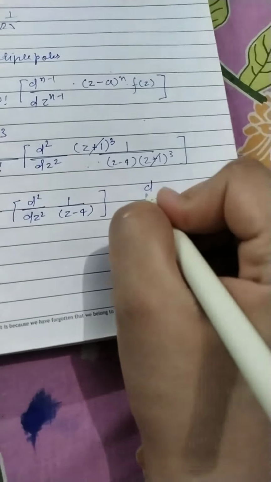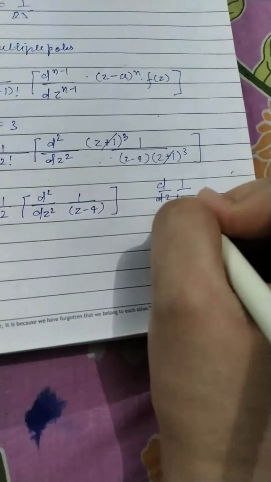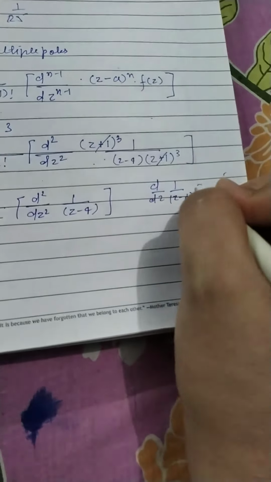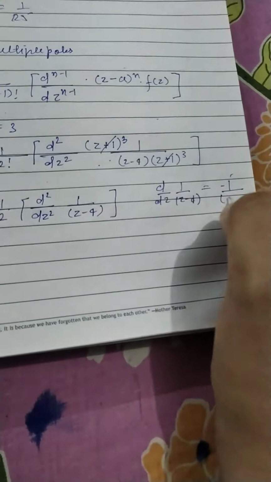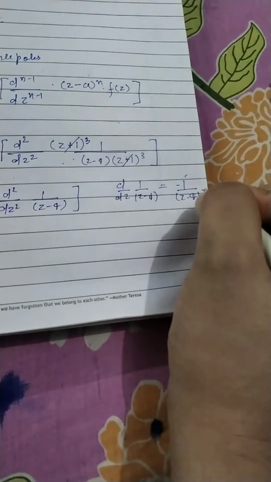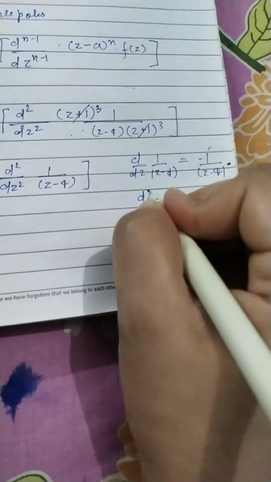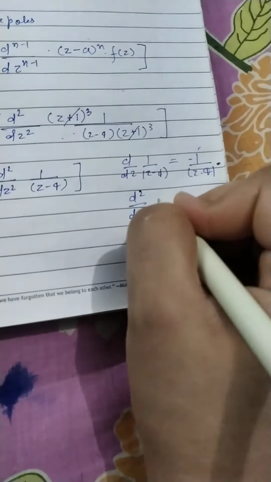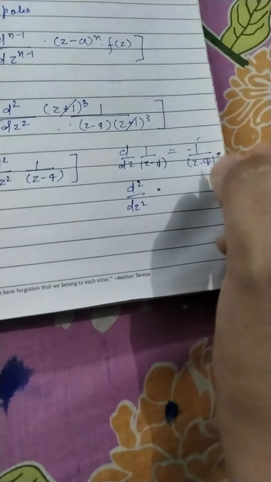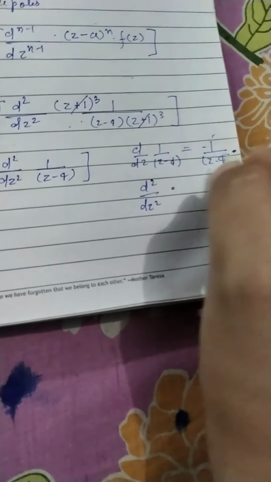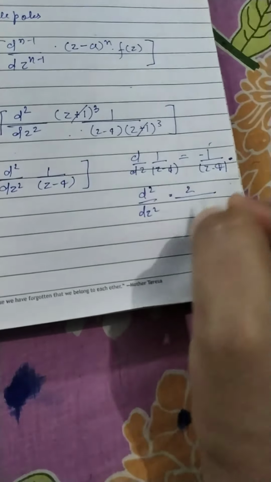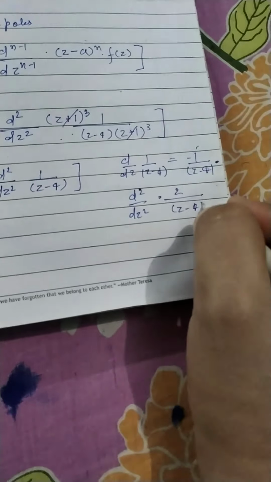See here, d by dz of 1 upon z minus 4 will give us minus 1 upon (z minus 4) whole square. If we differentiate this again, then we will get 2 upon (z minus 4) whole cube.